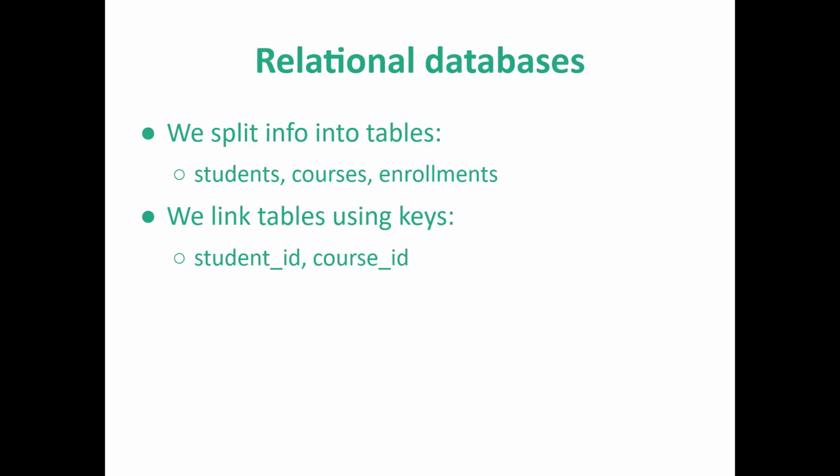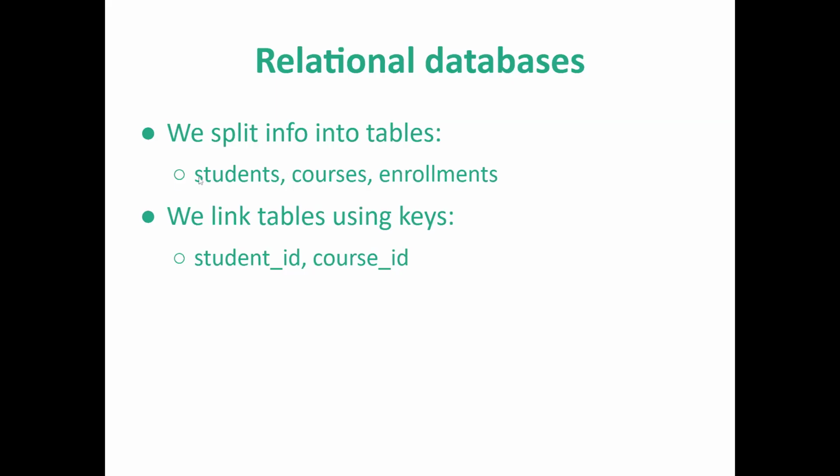So we split info into tables like students, courses, enrollments, all of these are different table names. Students is a different table which stores all of the student data. Courses is a different table which stores all of the course related data, and enrollments shows how many students enrolled and all.